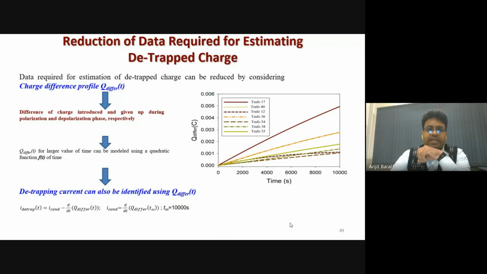So this brings us to some of the techniques that we have used, where we consider the difference between the amount of charge injected into the system during the polarization phase and the amount of charge received back from the system during the depolarization phase. It has been seen that it basically follows one particular type of series, and so on.